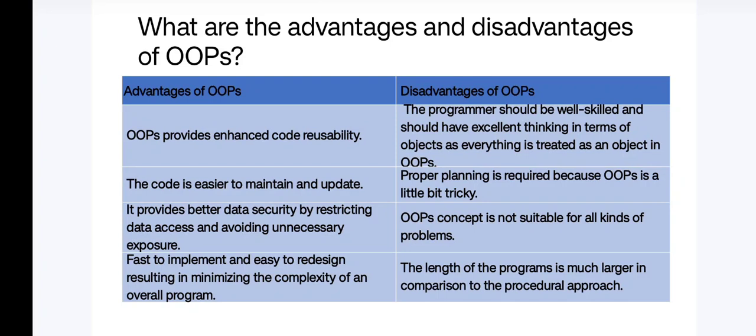If it's required, you have to think about a lot of cases. Like, if I use OOPS here, will it help me? Will it make the code more manageable? A lot of factors need to be considered. But this is one of the disadvantages, that it can make your program much larger in comparison to the procedural approach.